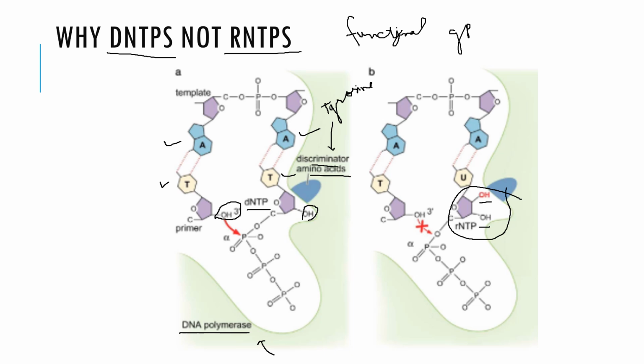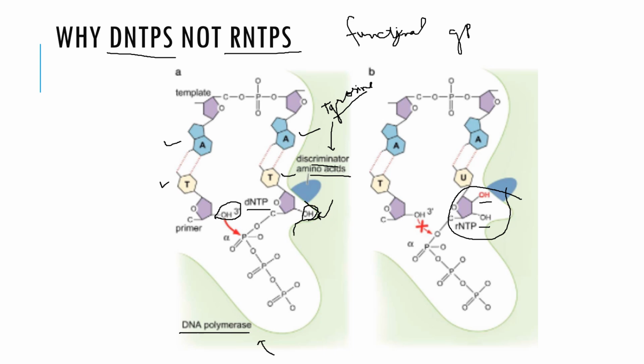Okay, now if dNTP is used, in that case as you can see here the discriminator amino acid that is present, that is the tyrosine, will recognize the dNTP, and this tyrosine can fit the OH group of the dNTP here in this bulging.